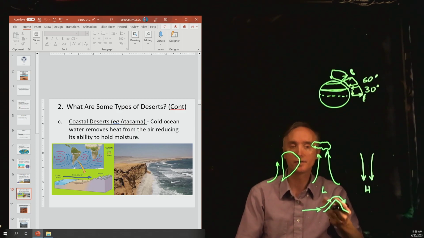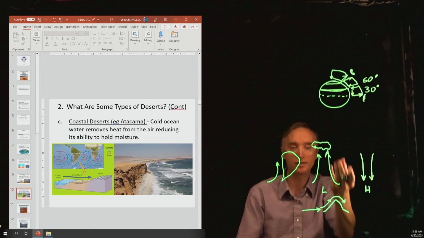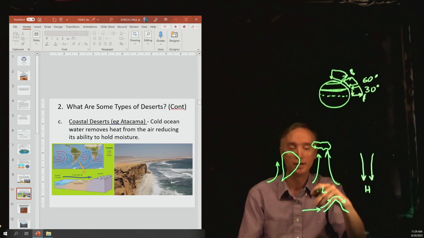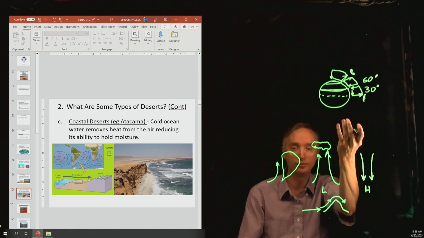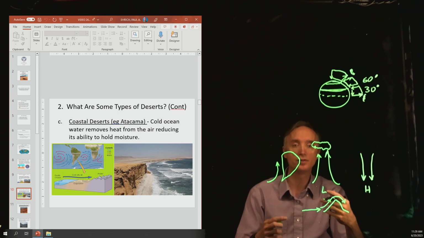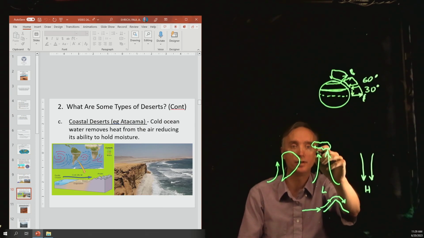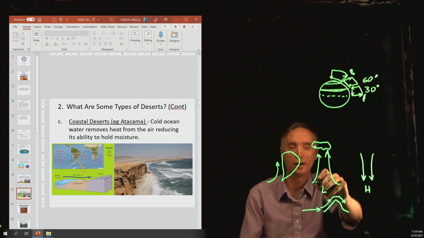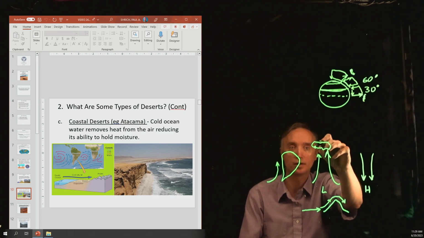What that does is draw heat out of the air above the water. One of the things you need in order to have a cloud is moist, warm air. The warm air rises, and then it makes a cloud.